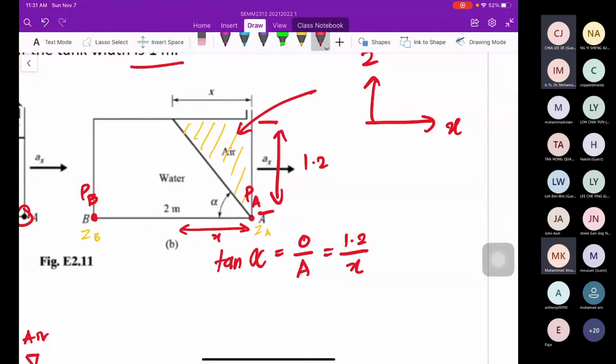And B is not exposed to air. What do you think of PA? Class, any idea? Please, quick response. What do you think of the pressure at point A?